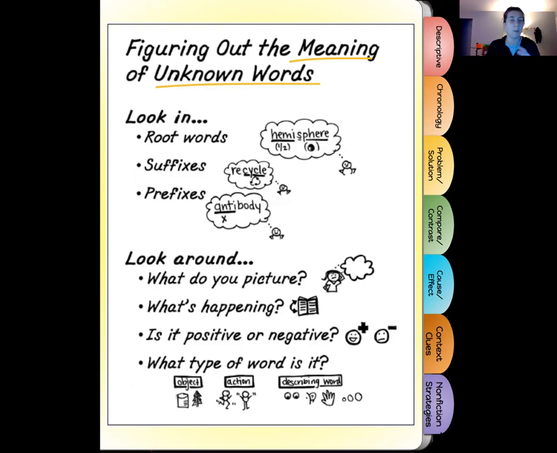If you were there, is it a positive situation or a negative? Thinking about if the word is an object, an action, or if it's describing something, or maybe there's an explanation, or maybe there's an example, or maybe there is a synonym, or maybe there's an antonym.